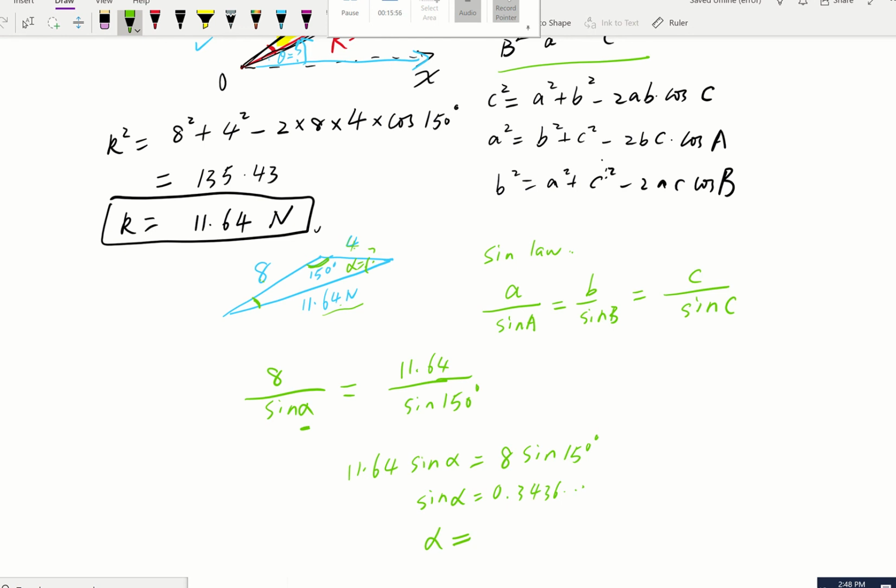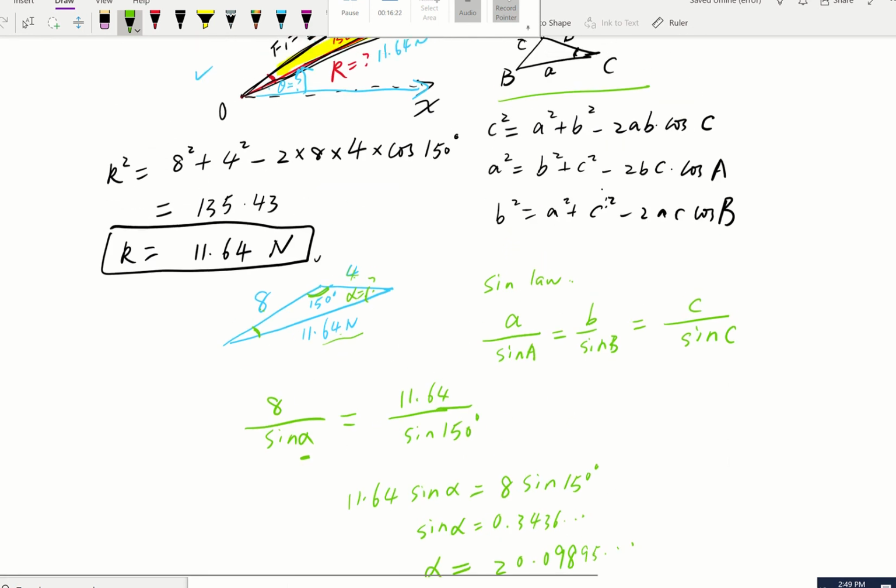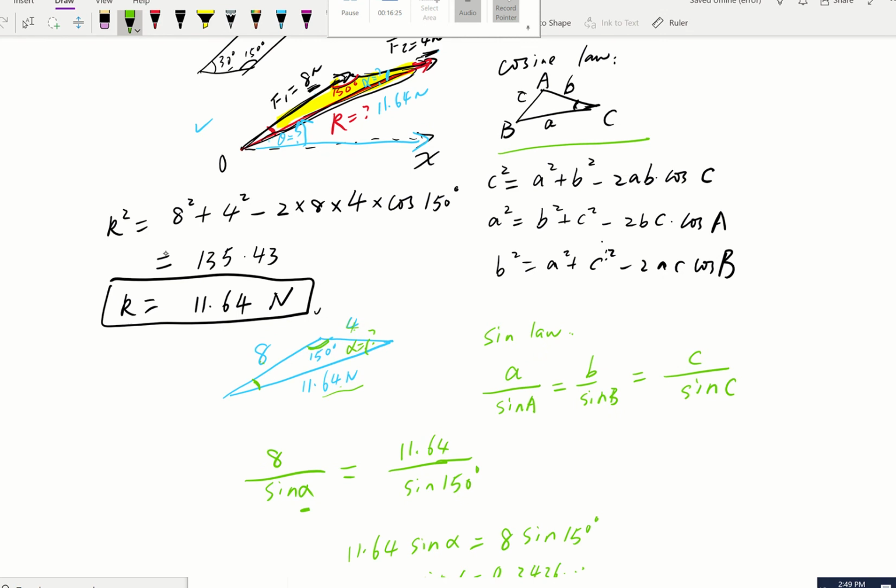So inverse sine of that is going to give us 20.098, anyway, let's just go ahead and round it. So it will be 20.1 degrees. So alpha is calculated, the angle is 20.1 degrees, which is this angle right here.